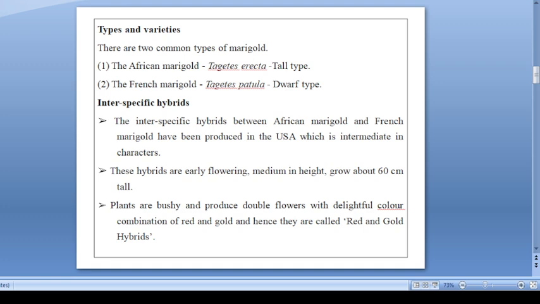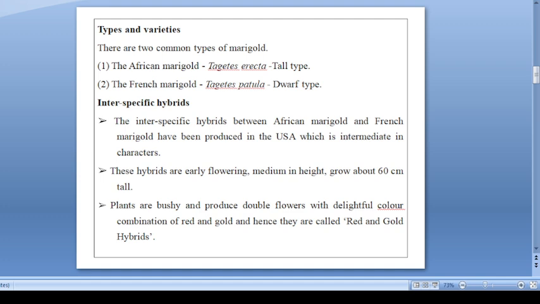Here they will definitely ask regarding the species of marigold, that is Tagetes erecta and patula. Erecta is the tall type, African marigold. French marigold is the dwarf one, differing based on height, flower size, and flower production or yield. They have also categorized African and French marigold based on chromosome number.